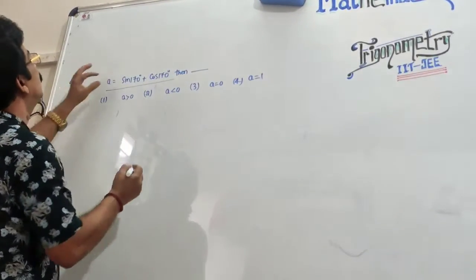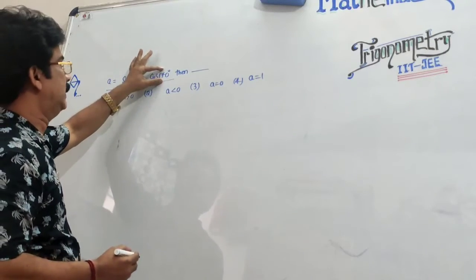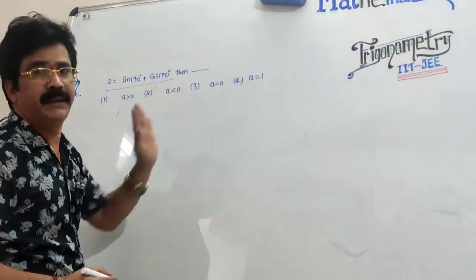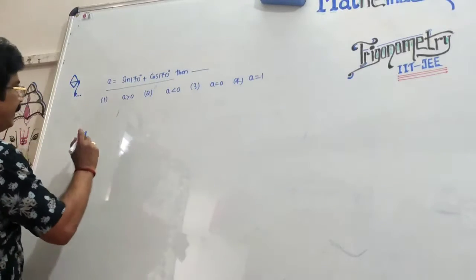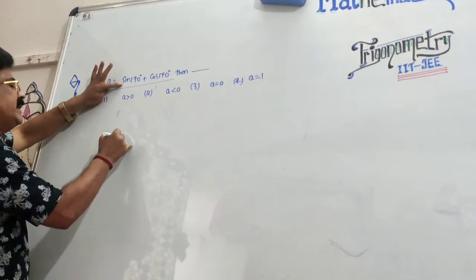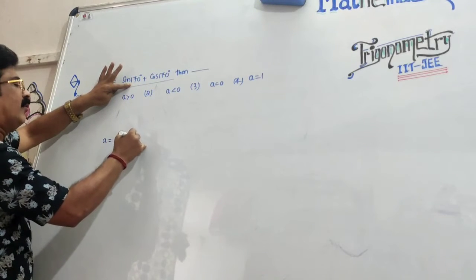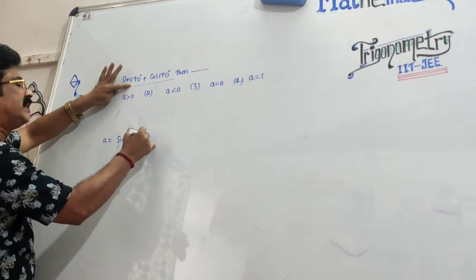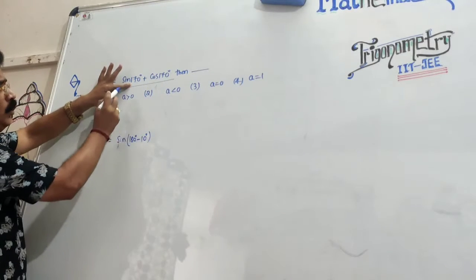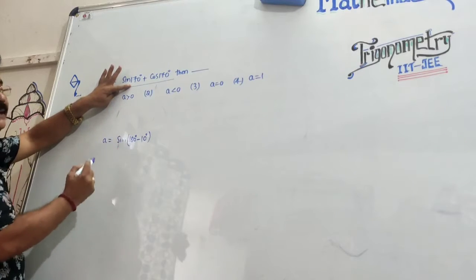Hence the important question. Small a is equal to sin 170 degrees plus cos 170 degrees. Then what about small a? Four options are given. Okay, one minute. Sin 170 can be written as sin of 180 minus 10 degrees, taking the nearest quadrant angle 180 degrees.